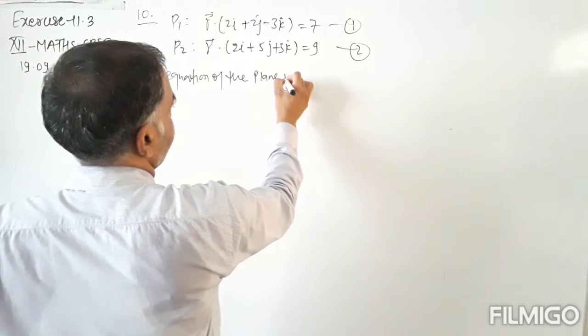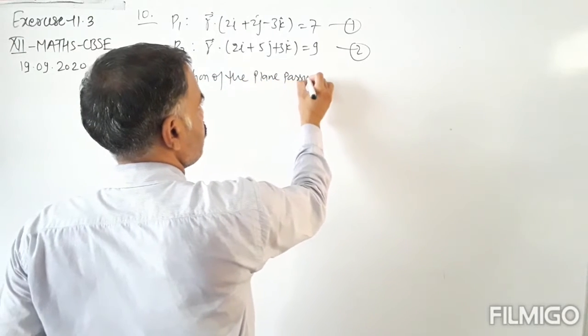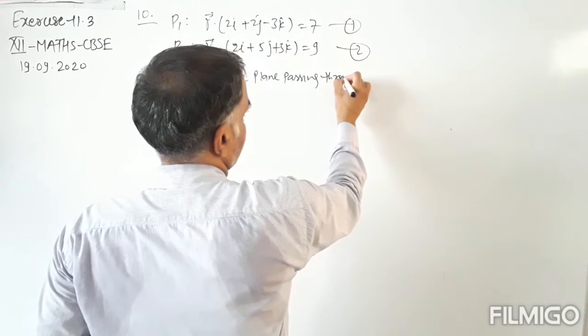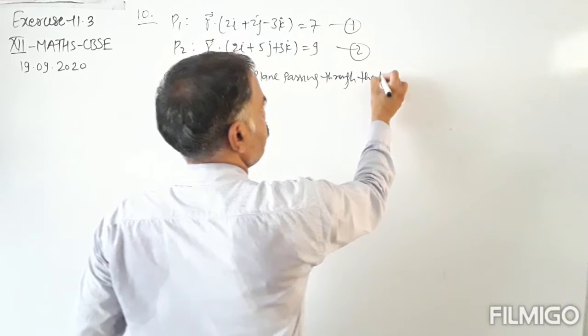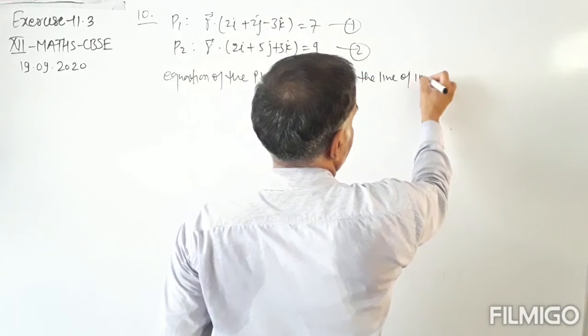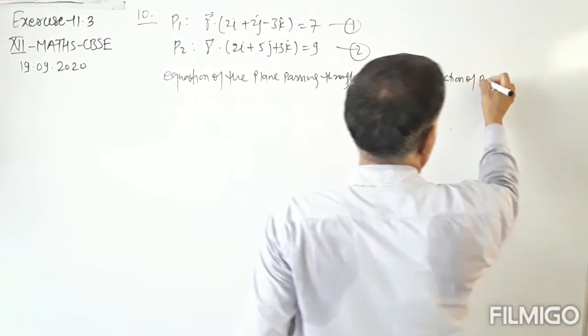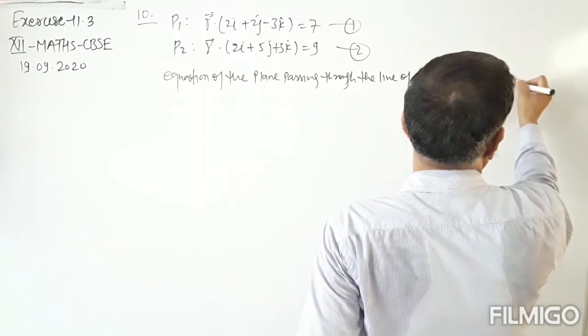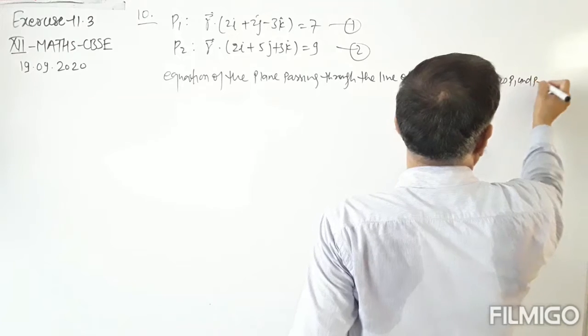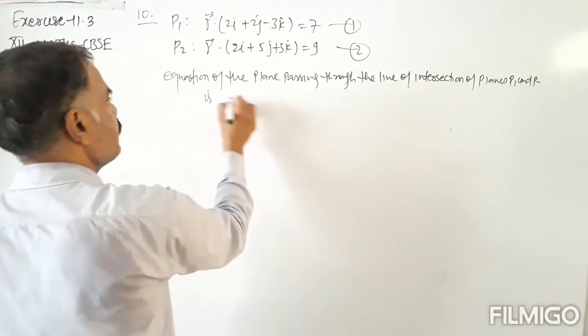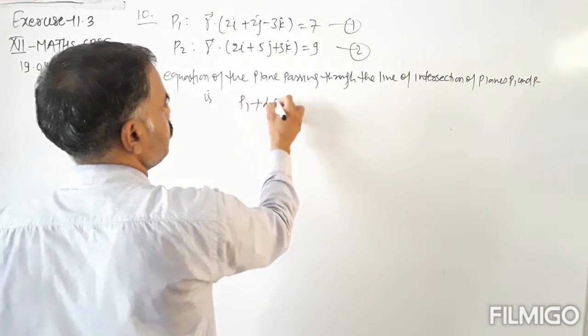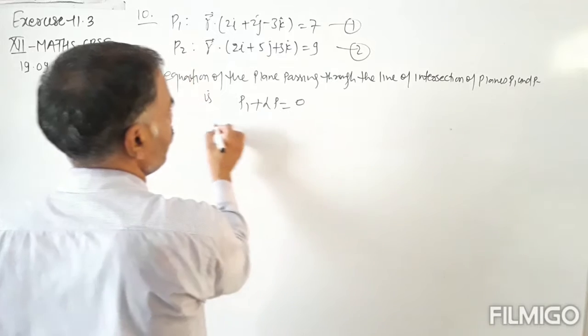So the equation of the plane passing through the line of intersection of planes P1 and P2 is P1 plus lambda P2 equals 0.